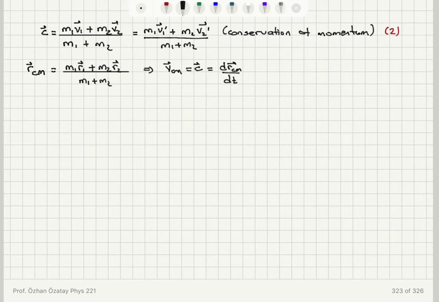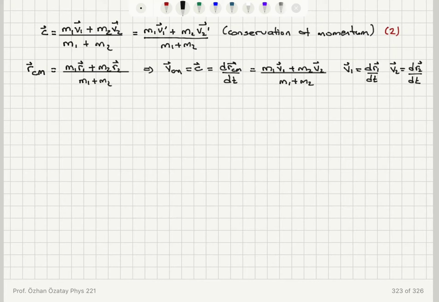So if you take a time derivative, you get m1 dr1 dt, which is v1, plus m2 dr2 dt, which is v2, divided by m1 plus m2. So v1 is dr1 dt, v2 is dr2 dt, the change in the position vector per unit time.